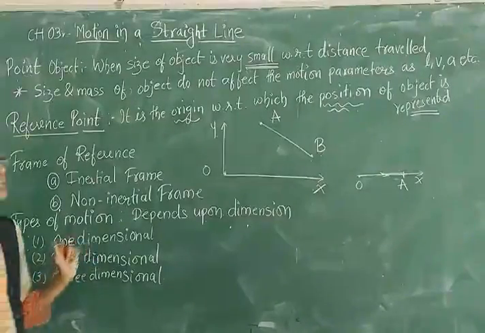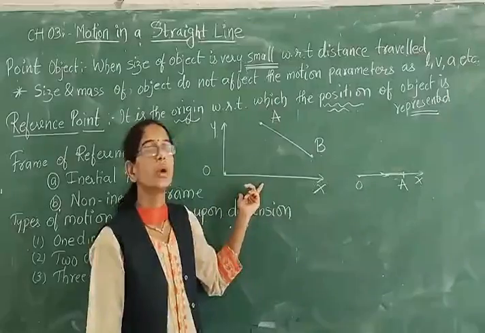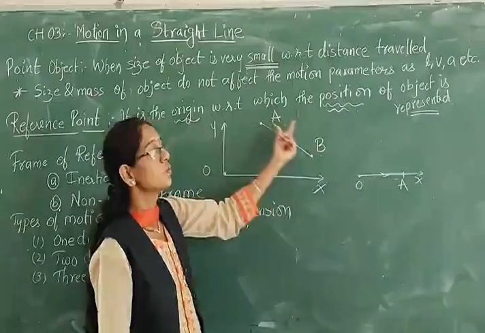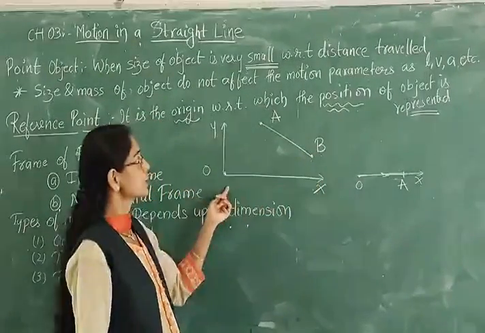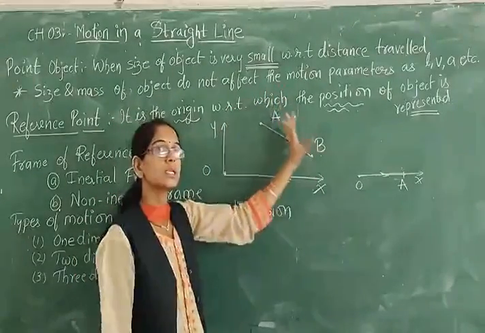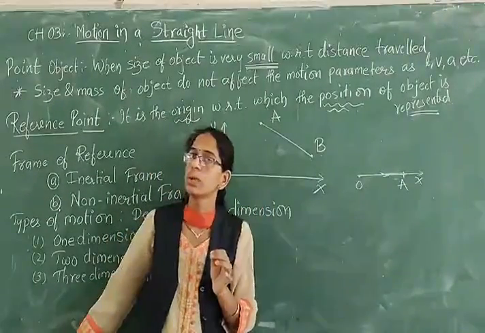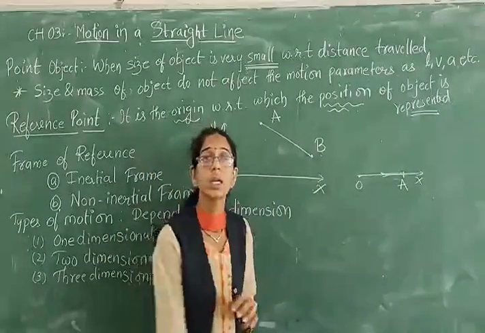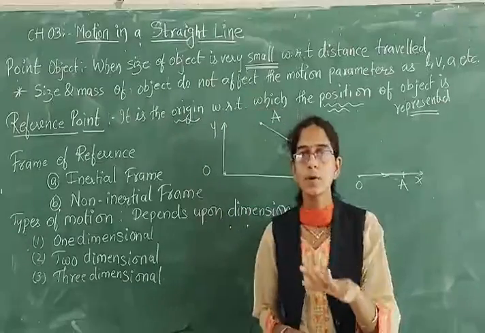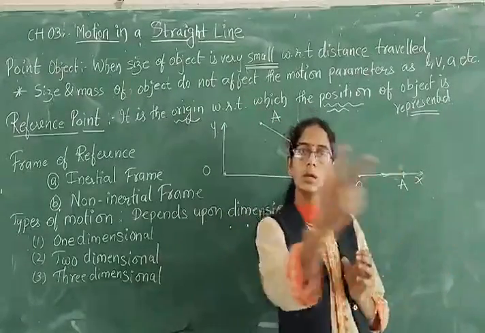In this case, I have taken the example for motion in two dimensions, wherein the object is moving in a plane, that is x, y plane. So, when objects are moving in such a manner, that type of motion is taken to be the motion of an object in two dimensions. Example for it, I am walking in a ground.